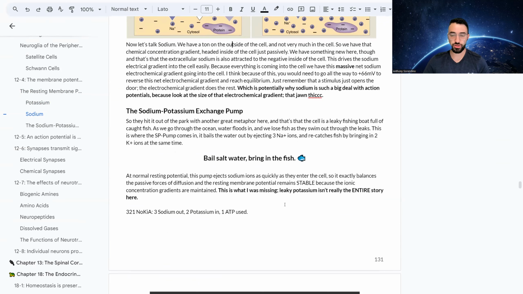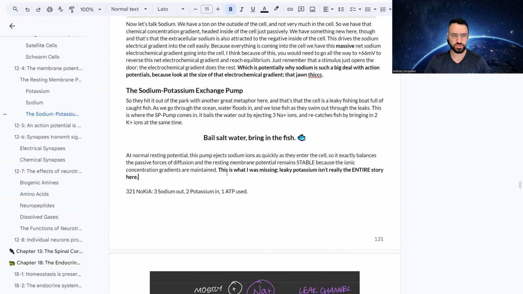There's also like this fish metaphor. Let's read this. So they hit it out of the park with another great metaphor. The cell is a leaky fishing boat full of caught fish. As we go through the ocean in a boat that has holes in it, water floods in and we lose fish as they swim out through the leaks.